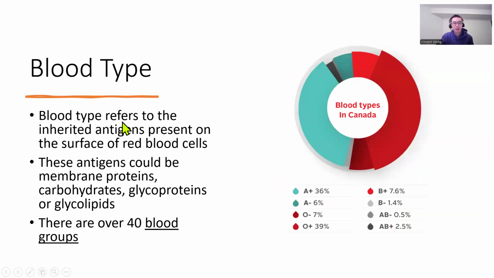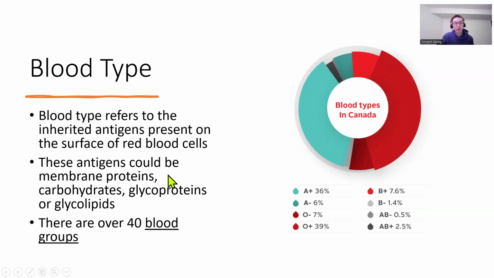So blood type refers to the inherited antigens present on the surface of your red blood cells. What are antigens? Antigens are basically things that are found on the surface of a cell in general, but in the context of what we are talking about, we are interested in the things found on the red cell.